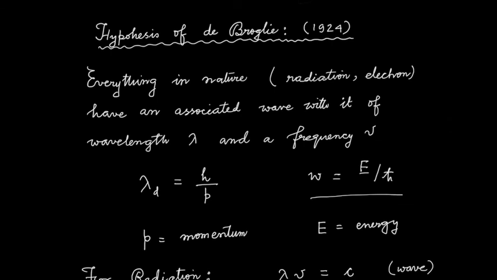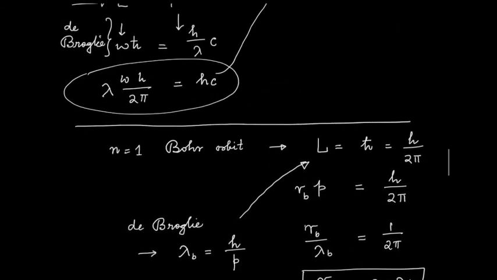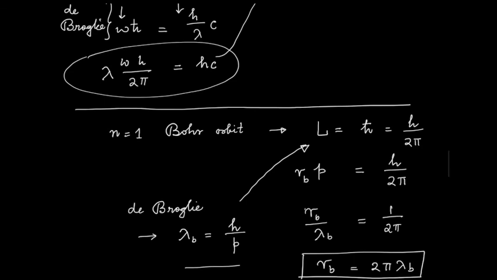But in 1924, de Broglie came with a hypothesis which said that it's not just radiation but everything has these dual properties. Everything that we call matter has a wave associated with it, eventually called matter waves, which has a wavelength given by h by the momentum of the matter, and an angular frequency given by E by h cross, where E is the kinetic energy of the matter. So this is the de Broglie hypothesis we discussed.